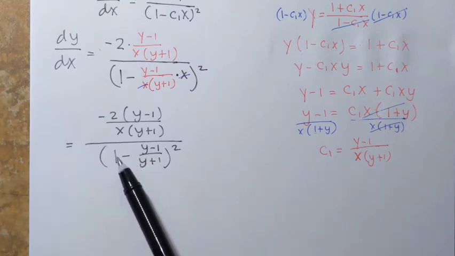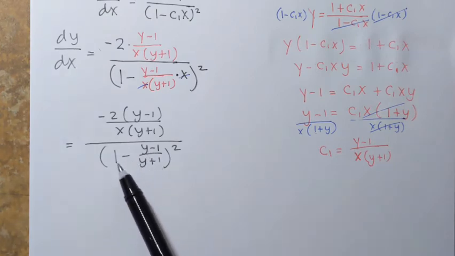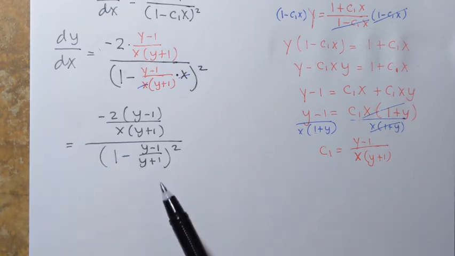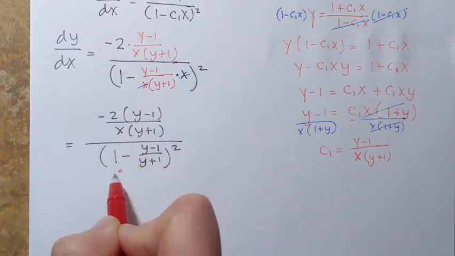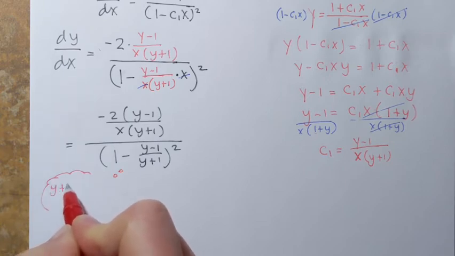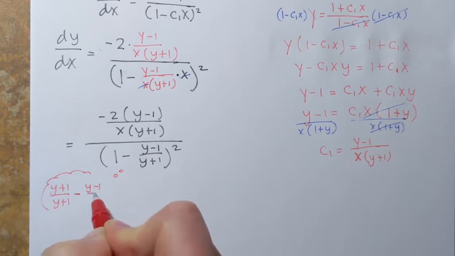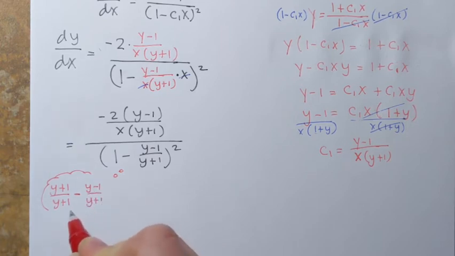So 1 I will write as 1 over 1. In order to combine it with the second expression, I have to multiply both top and bottom by y plus 1. Maybe I'll do it right here on the side. That is the same as (y plus 1) over (y plus 1) minus (y minus 1) over (y plus 1).